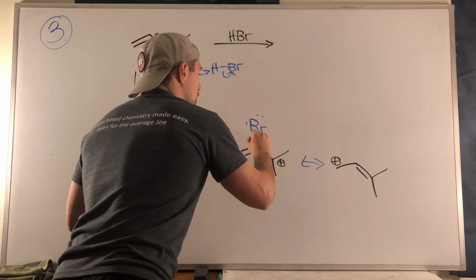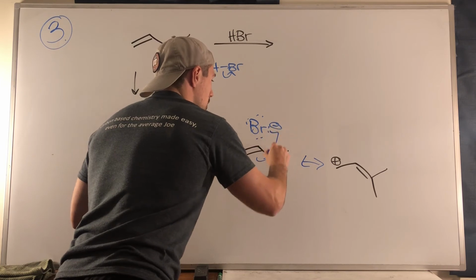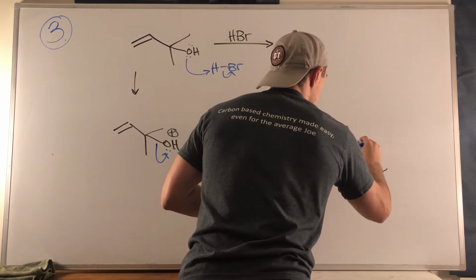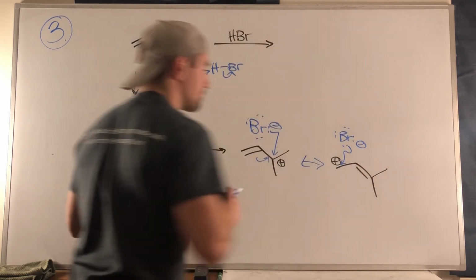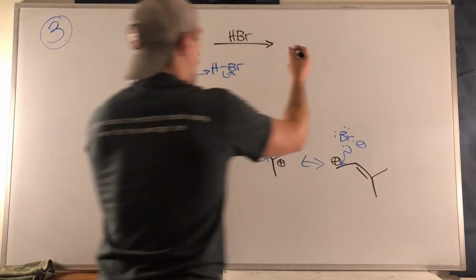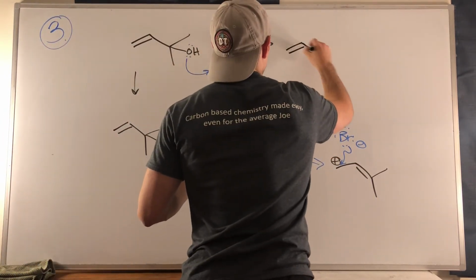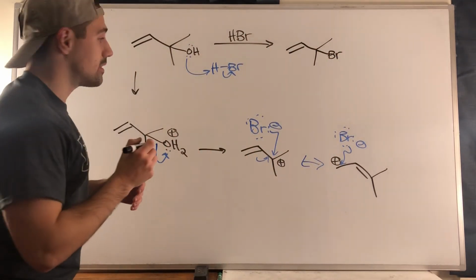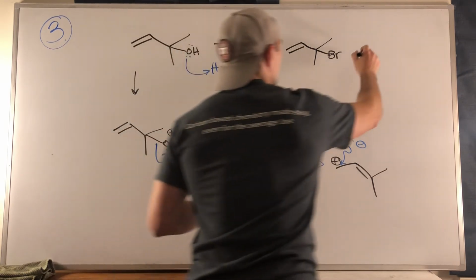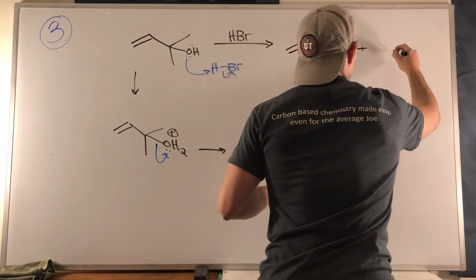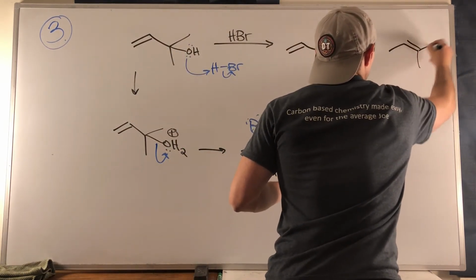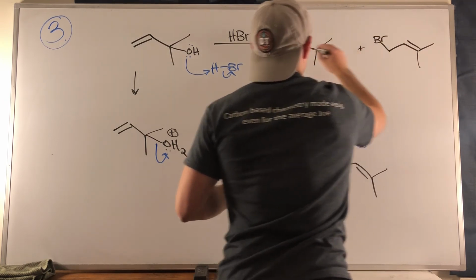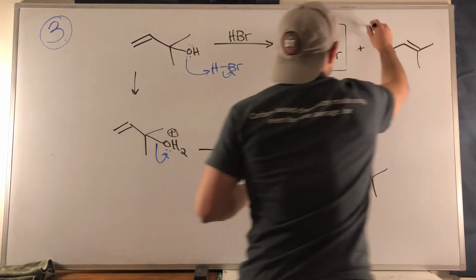If you just ignore the resonance arrows, I'll attack there. I'll attack there. And up top, I'll draw the product so you can see we have this alkyl bromide right there, as well as this bromide right there. So these are our two products.